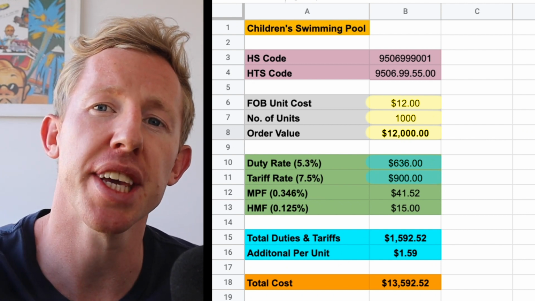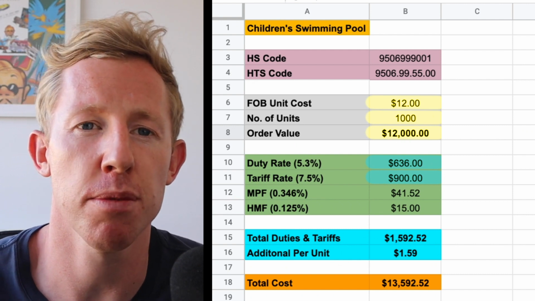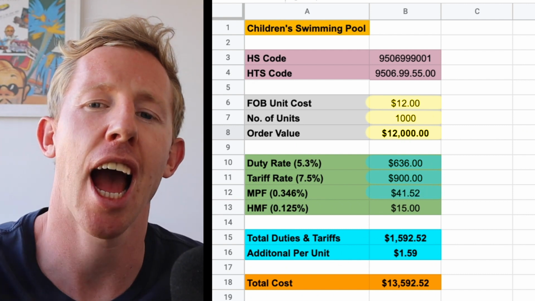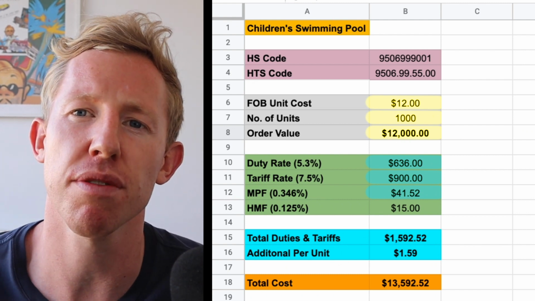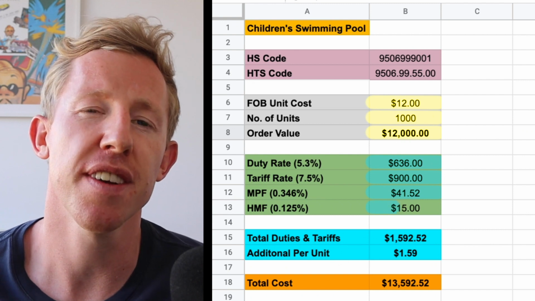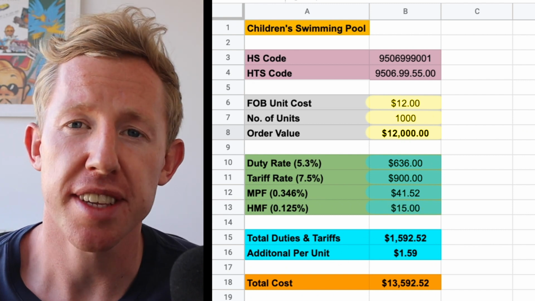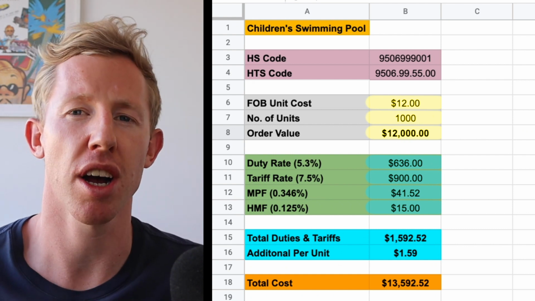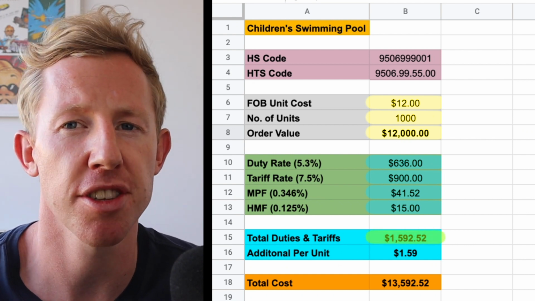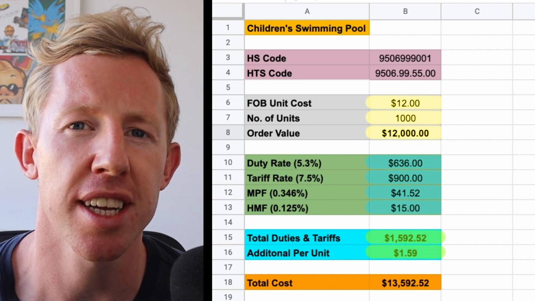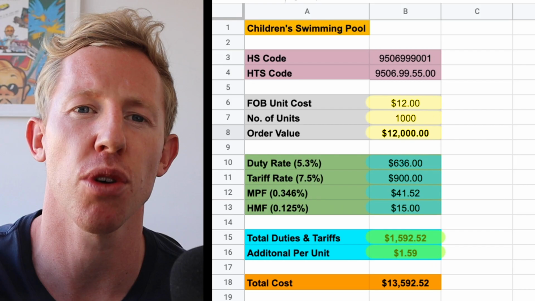We've got the MPF, which is 12,000 times 0.346%, which is $41. And we've got the HMF, which is 12,000 times 0.125%, which is $15. So now we add all of these up, and the total duties and tariffs owed on our swimming pool are $1,592.52, which adds $1.59 per unit to your $12 cost.